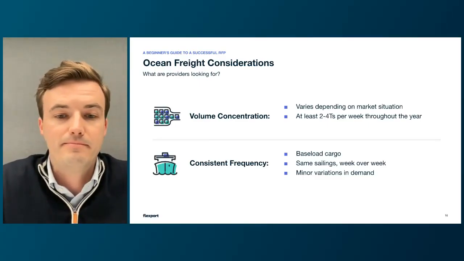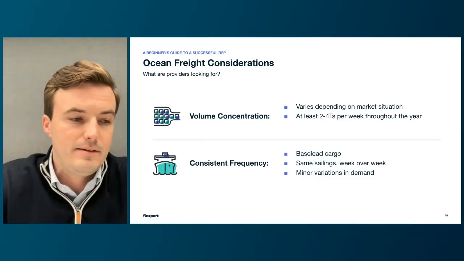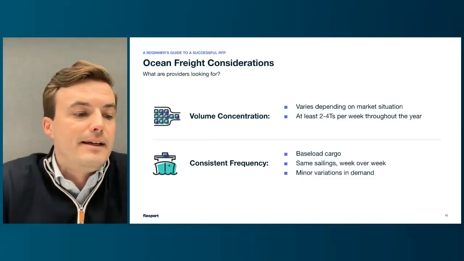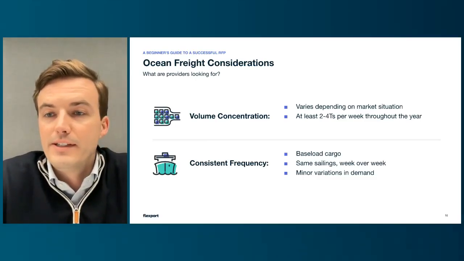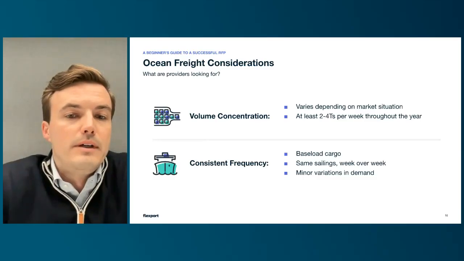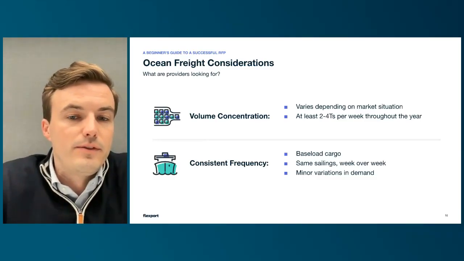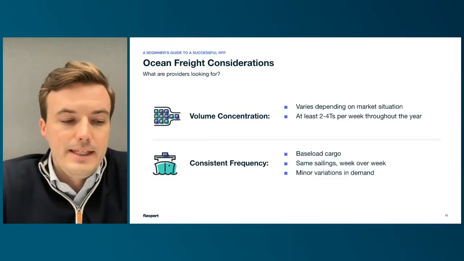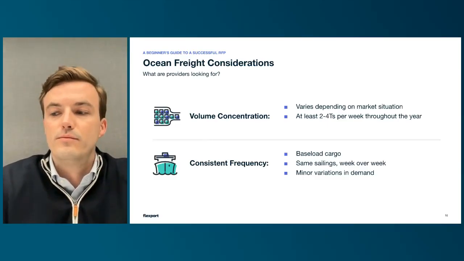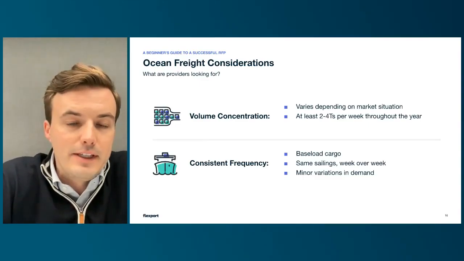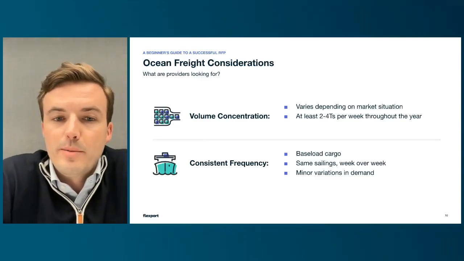It allows them to set their pricing for the spot market, and it allows them to have confidence that they're going to be able to run this service week over week. So they are flexible to minor variations in demand, but it's difficult if week over week things are changing very significantly, I'd say more than 10 or 20%.